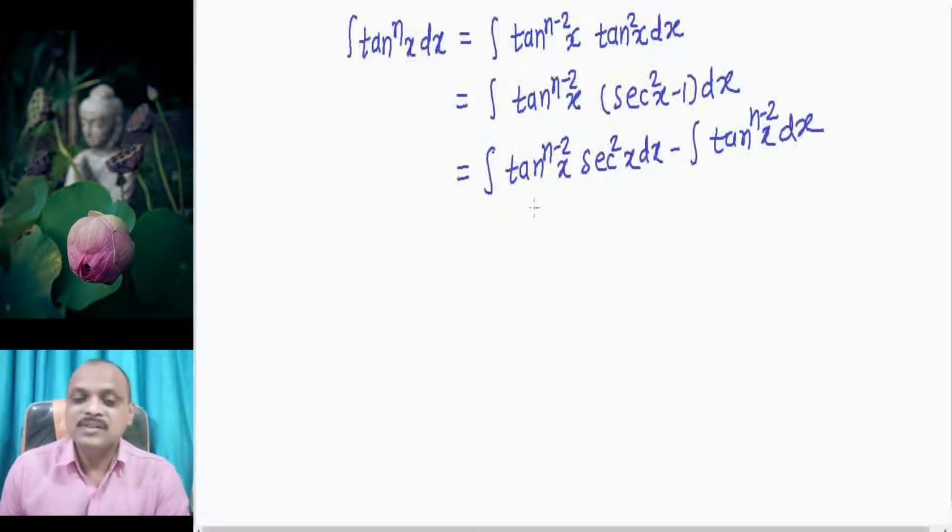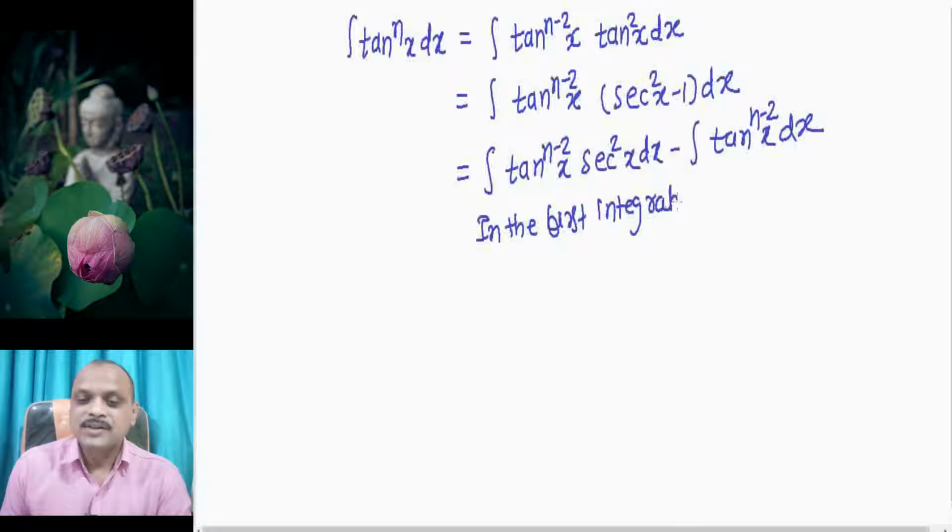To evaluate the first integration, put tan x equal to t, so that sec square x into dx equal to dt.